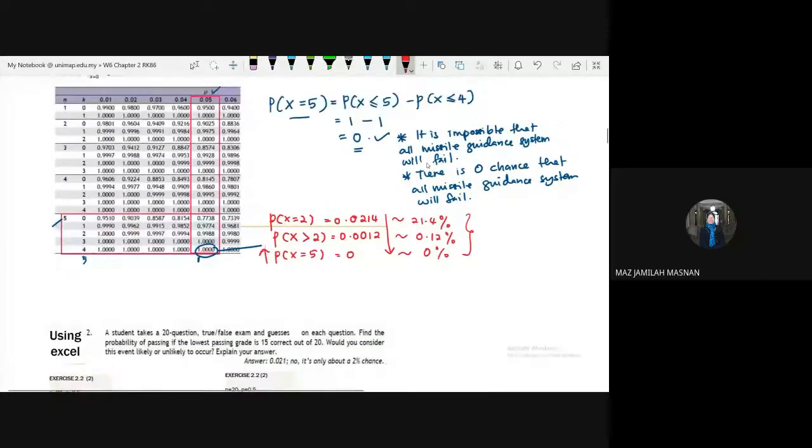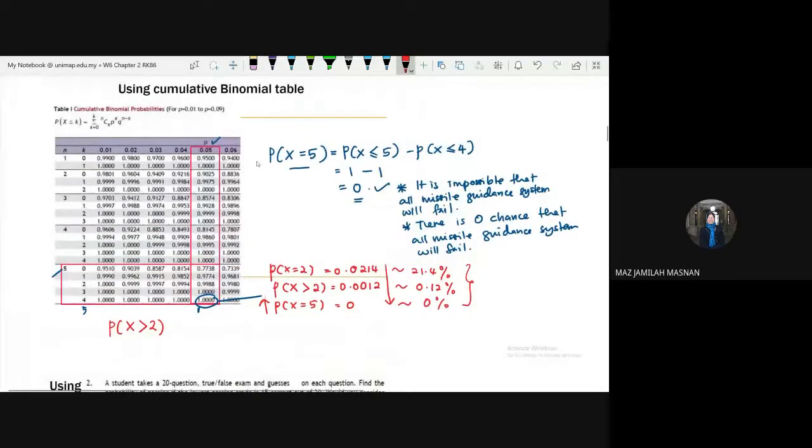Question 2 asks, what if the probability of missile guidance failure is greater than 2? Now, if we are using our binomial table, the binomial table should always reflect this. It will always be this one. Because this is referring to P(X ≤ 0).